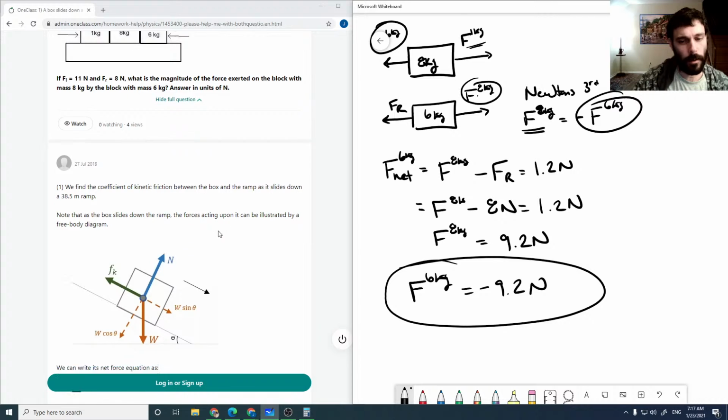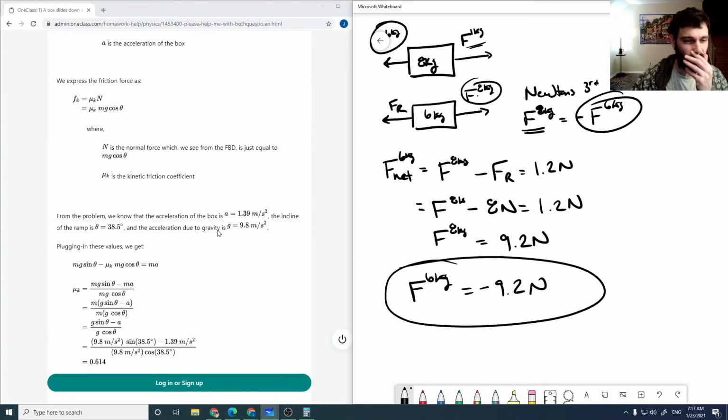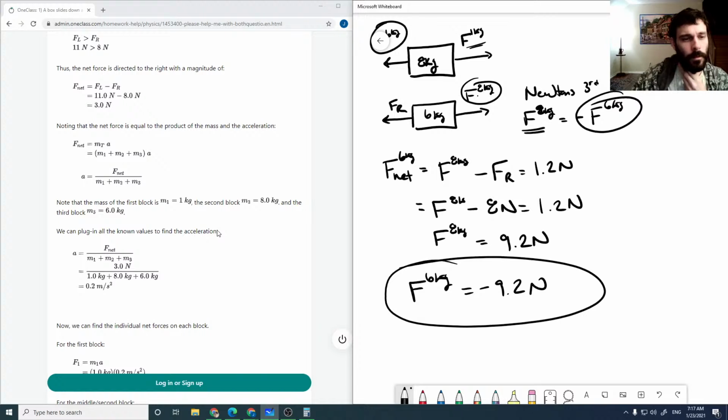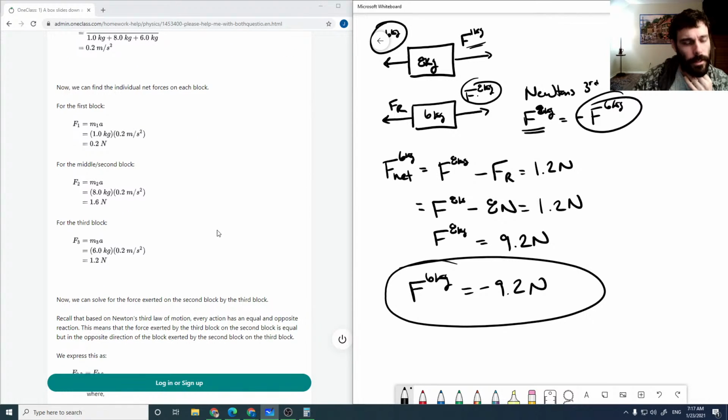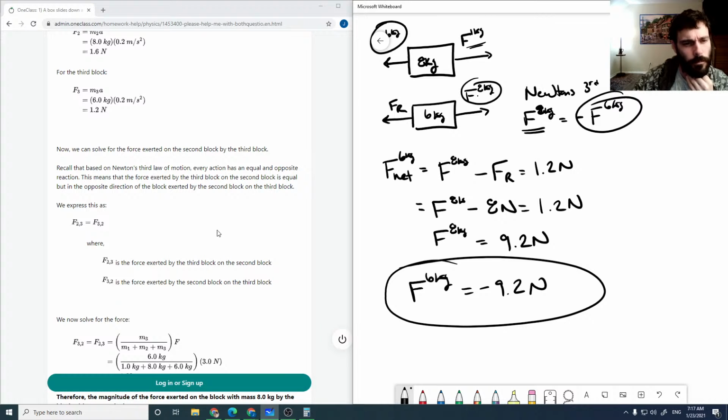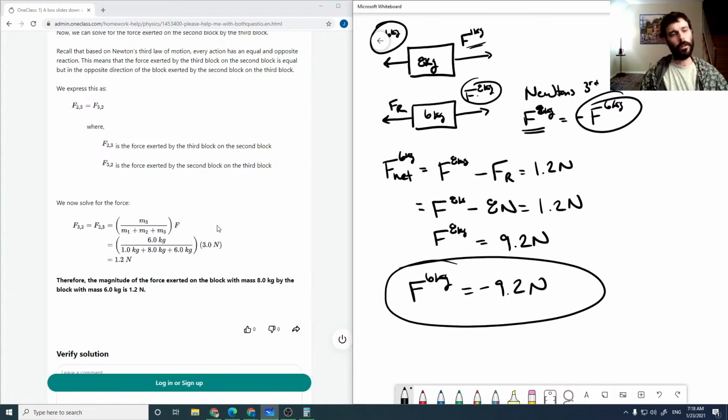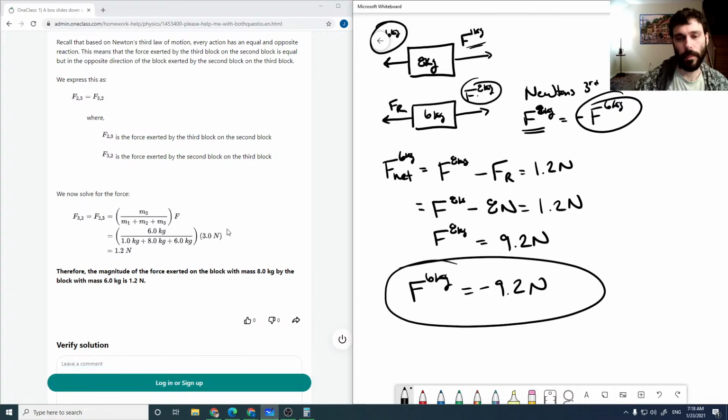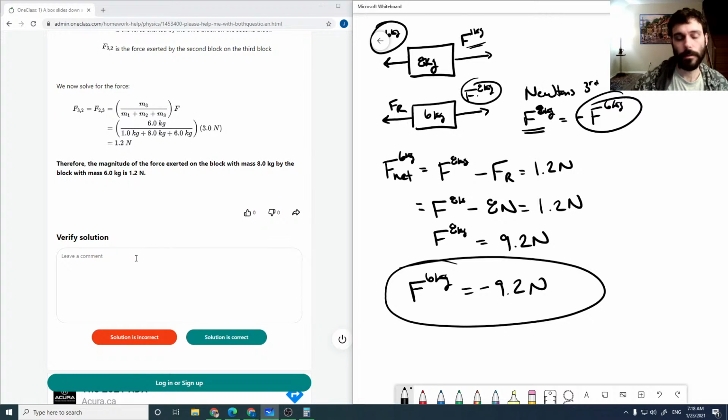Okay. So if we check our solution here, we solve for acceleration, we can get each of our individual F nets, use Newton's third, and then they just take it as a fraction, which doesn't work here, because if the force of our 8 on our 6 or our 6 on our 8 was only 1.2 newtons, it wouldn't actually surpass the force from the right, and then the 6 kilogram block would actually be moving backwards, which is impossible.